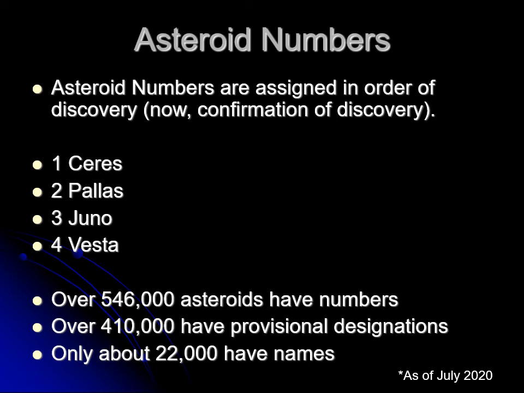There's probably several more. Even though about 500,000 of these things have been found and numbered, only about 22,000 of them have names. That indicates that this is a monumental task to actually have a committee meet and name all these things. And so most of them retain their provisional designations.